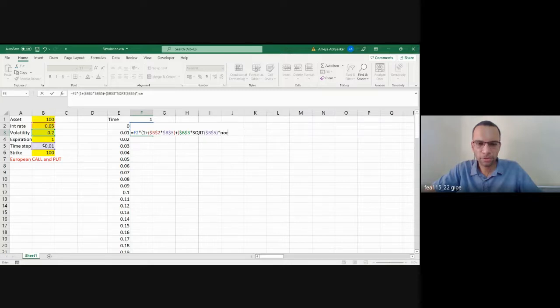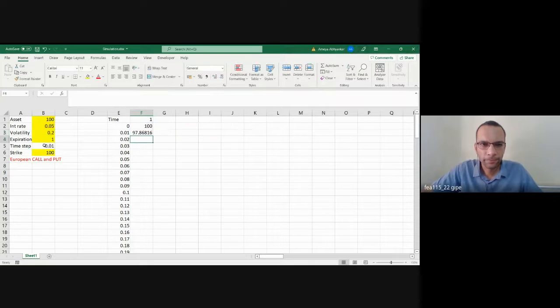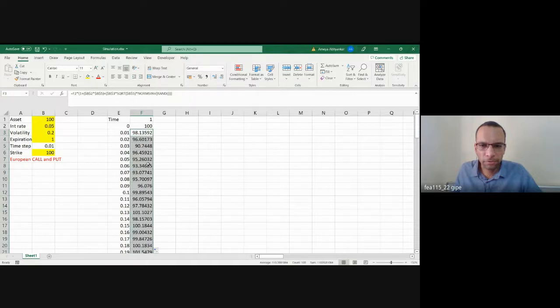So NORM.S.INV of a random number, closing bracket. Like this. See, is it reasonable? Yeah, looks to be.